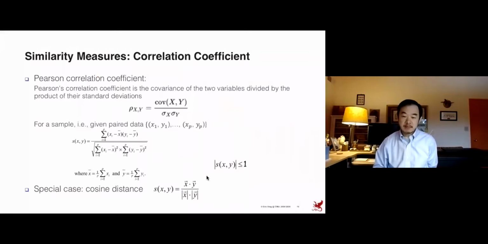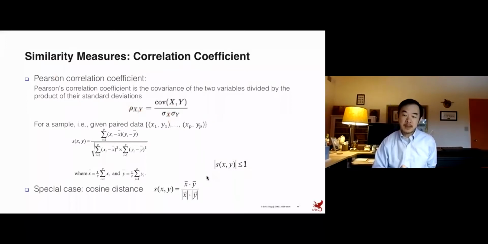Many of you probably heard about that already, right? In statistics, one of the famous notions to measure the similarity or the relationship between two random variables is known as the Pearson correlation. It is mathematically defined by the ratio between the covariance of two random variables and the product of the standard deviations of each of the random variables.